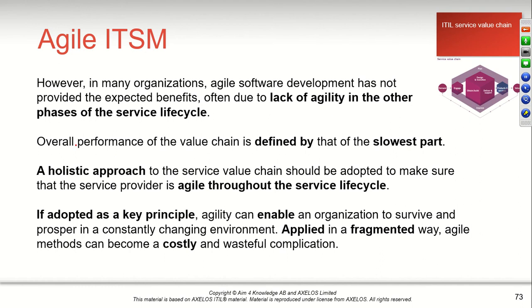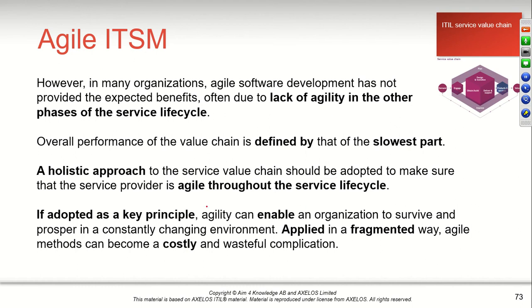Now, if Agile is not adopted for service management across all life cycle, that means across all the activities we have mentioned, across the engage, across the plan, across the improve, across the build, across the obtain. If you do not adopt Agile, then Agile will be done in silo.